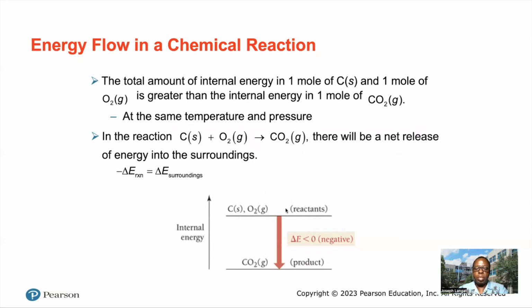These are the reagents to form carbon dioxide. If the internal energy of the product is lower than the internal energy of the reagent, the change in internal energy will be negative, which means it's giving up. Remember that? The reaction is giving away heat. Negative means the system is losing, while the surrounding is gaining.